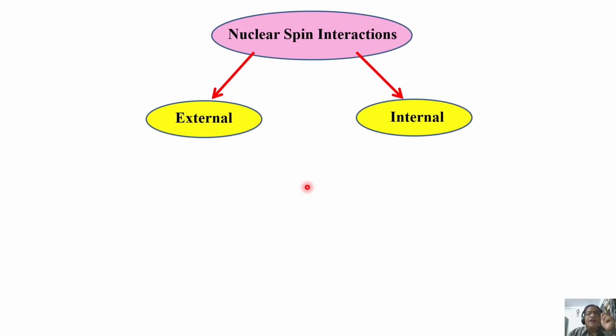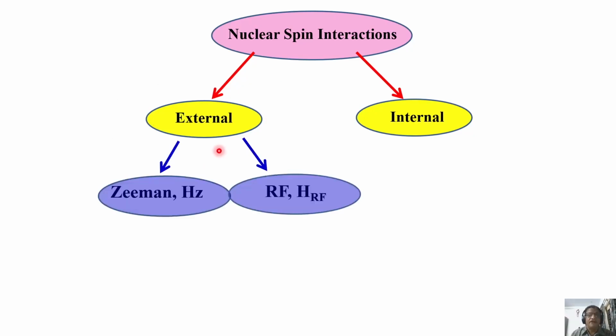Please remember the basic equation I wrote: E equals minus mu dot B0, where the magnetic moment interacts with the magnetic field. This is an external magnetic field. As I said, NMR spectroscopy requires a huge external magnetic field. This was the first and foremost external interaction, which we have already discussed, and which we also call the Zeeman effect. This is the Zeeman interaction.